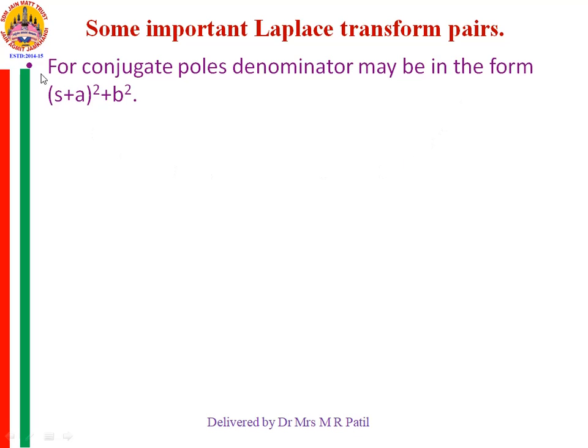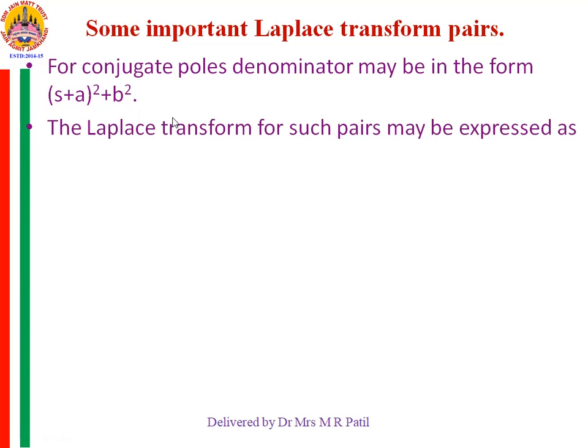In H(s), most of the time we get conjugate pole locations, and the denominator will be in the form of s square plus 2as plus a square plus b square. You adjust the denominator for the quadratic pole locations so that you can write it as (s plus a) whole square plus b square.